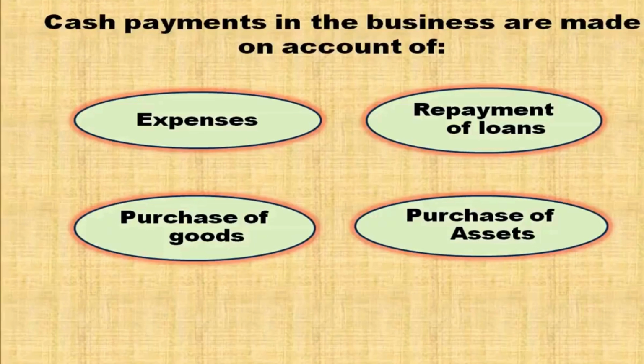Cash payments are made in which cases? It is made when there is an expense. When there is repayment of loan, cash payment is made. When goods are purchased, cash is paid. When assets are purchased, cash is paid.